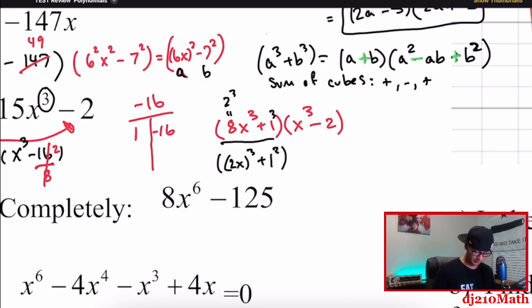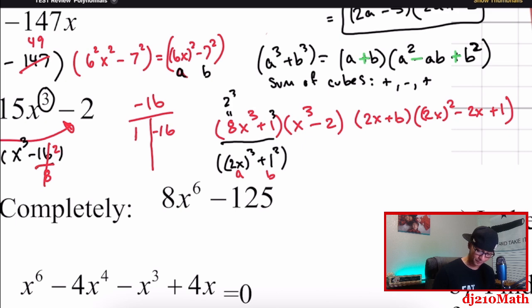With that being said, this is my a, this is my b. So I'm going to get 2x plus b, and then 2x squared, so 2 squared, minus a times b, that's 2x, and then plus b squared, which is just 1.